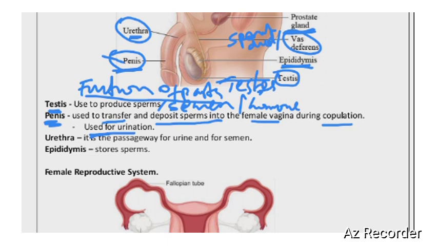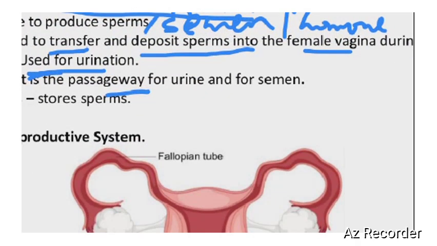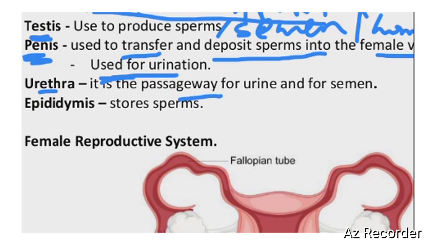So from there, we go to the urethra, which is a tube that runs in the middle of the penis. Its function is that it is used for passage of urine and semen. Of course, semen is the mixture of seminal fluids and sperms.